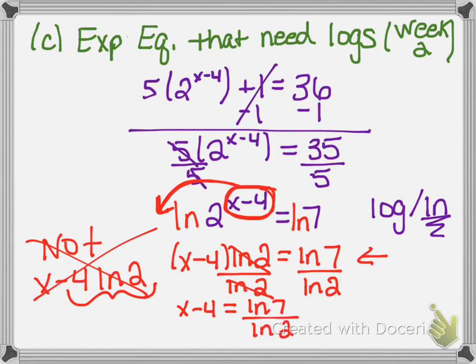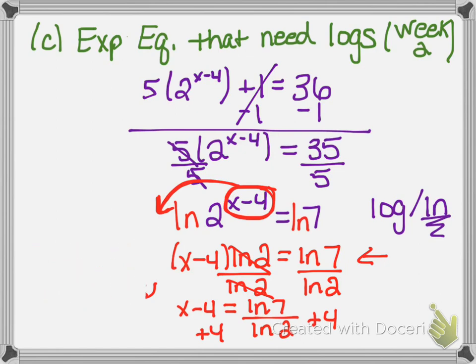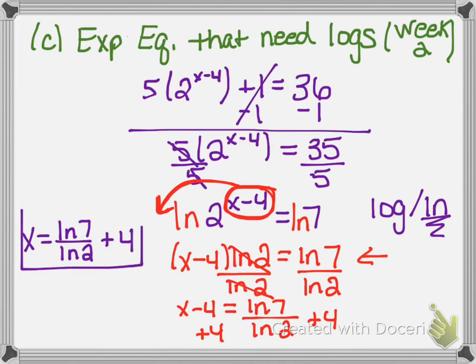And then our last step is to add the 4 to move it over. Okay? And so what that means, our final answer is x is equal to natural log of 7 divided by natural log of 2 plus 4. That's our nice, pretty, exact final answer.